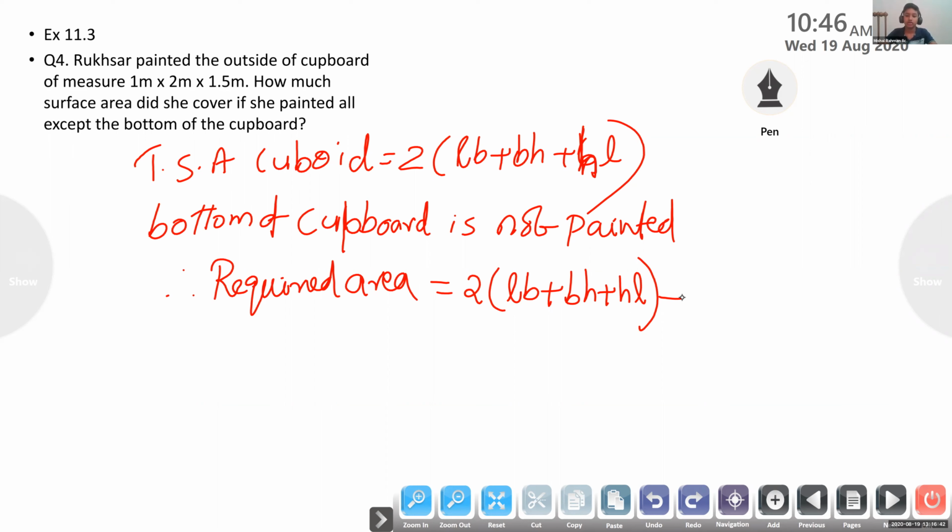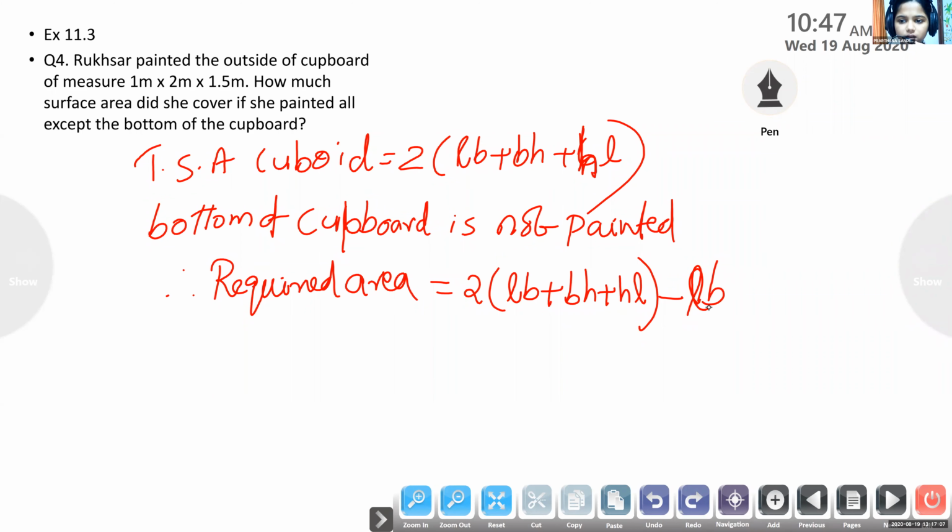Rectangle. So its area will be 1 into 2, L into B. So that we are subtracting. From the total area, we are subtracting the area of the base, and it is LB. Understood all of you this step? Why are we subtracting LB? Shravani, understood?